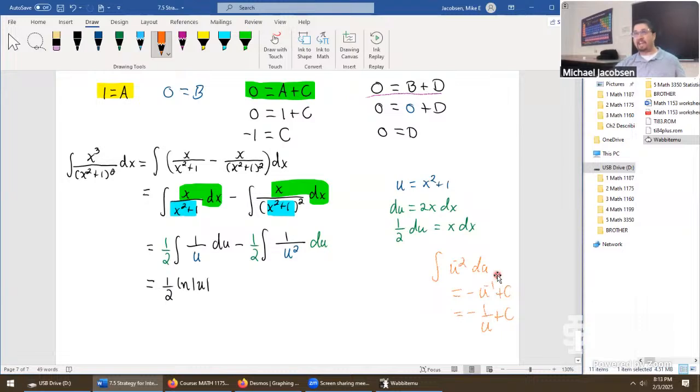It just messes with my head on what's going up, what's going down with the powers. So for this whole thing, we're really looking at minus 1/2 multiplied by negative 1 over u plus a constant. So all we need to do is undo these substitutions, 2 of them, and the problem has been satisfied.